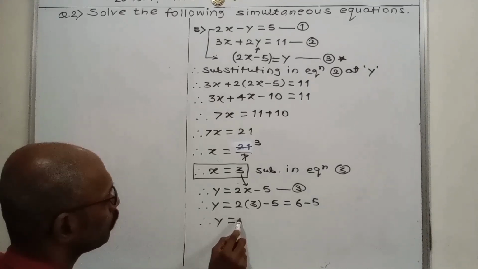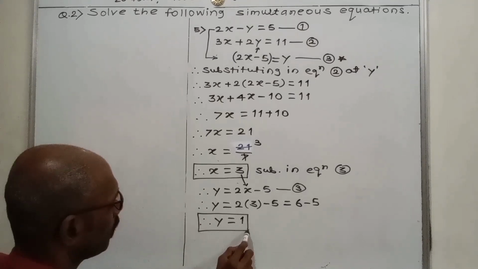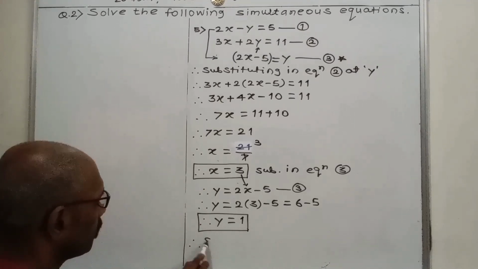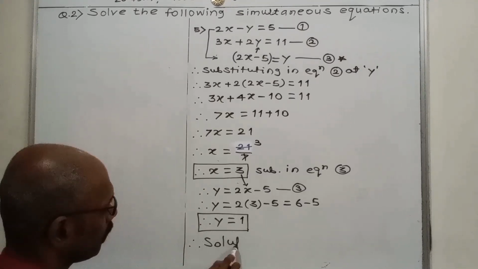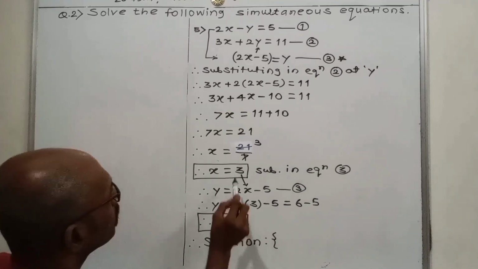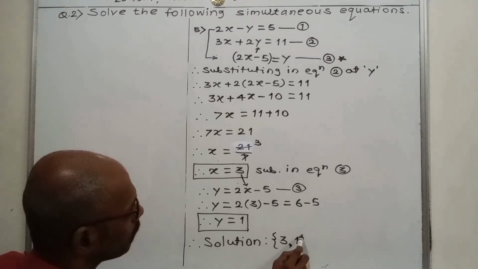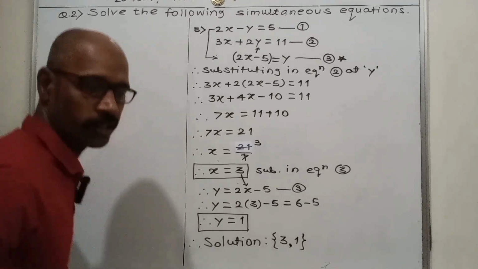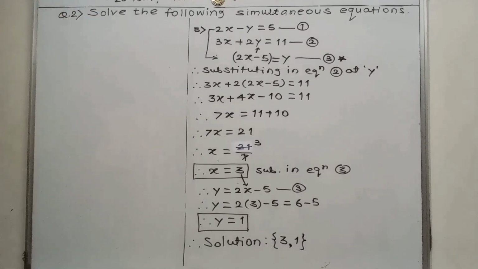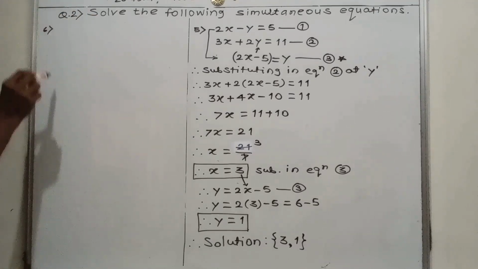Therefore y is equal to 1. Therefore solution, what is x, 3 and y, 1. Did you get it? Very simple method. Next, last example from this question.